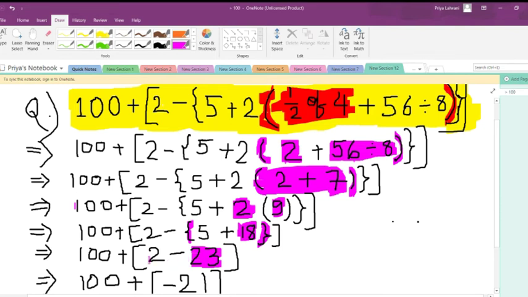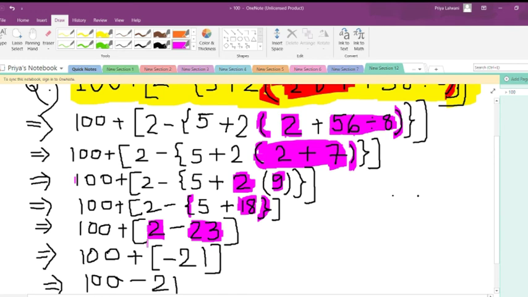You can see 2 minus 23. Here we need to check the operations which I have already explained in the last video. Its link is in the description. You can go and check that. So you can see this value 2 is positive and 23 is negative. So how will you calculate this?